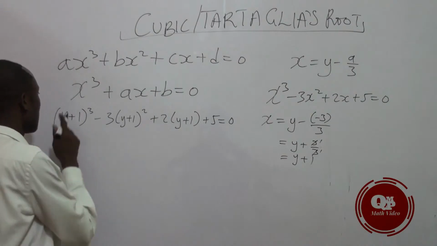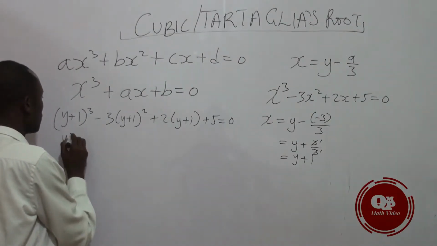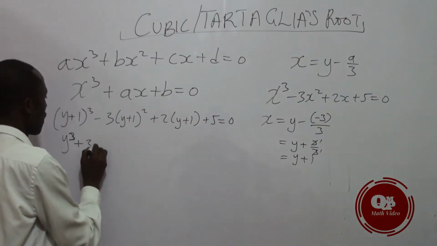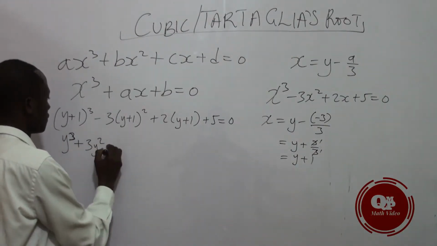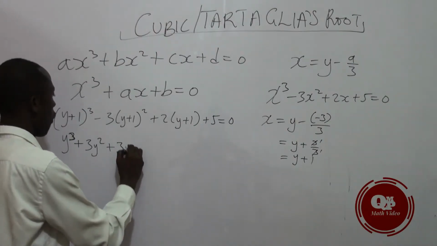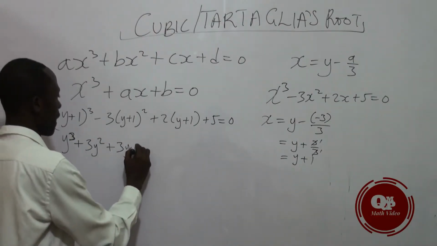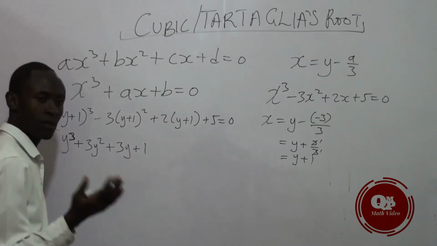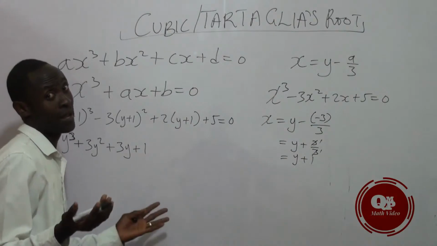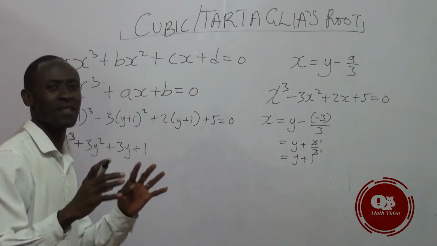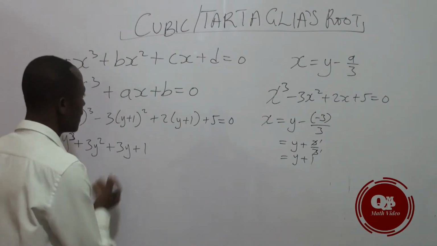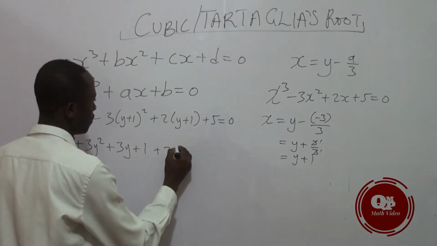So we have y cubed plus 3y squared plus 3y plus 1. If you remember, in my previous video, I didn't include this 3. Why? Because I knew it was not going to affect the form of solution we were interested in. Well, let us continue. Now we have plus 2.